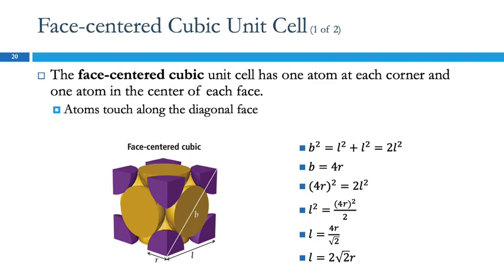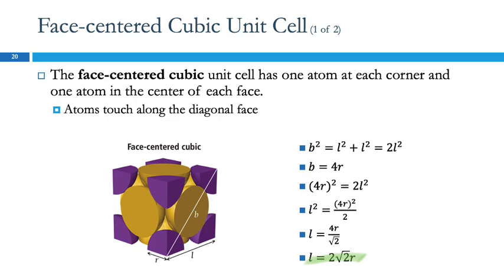These are going to touch along this diagonal. So this diagonal is going to be 1r, 2r's, 3r's, 4r's. But we want to know the edge length. And so again, we're going to do some geometry there. And this is the edge length. It's 2 times the square root of 2 times r.